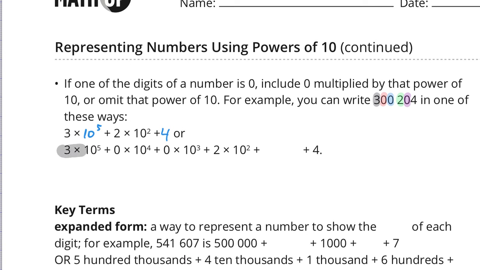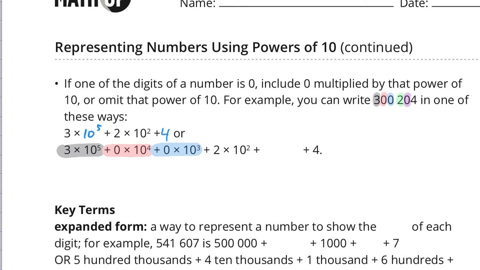Here we've got 3 times 10 to the power of 5, plus in the 10,000 spot, we've got nothing. So we're just going to add 0 times 10 to the power of 4. Then in the 1,000 spot, we also have 0, so we multiply it by 0. 0 times 10 to the power of 3 is just 0. 0 times anything is 0, right?